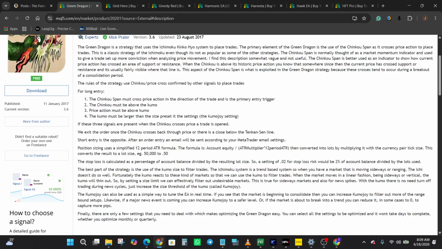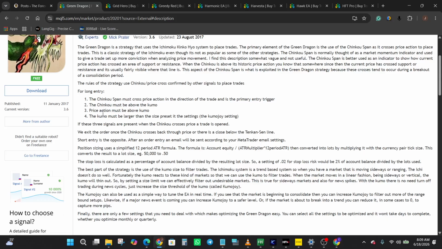The marketplace page provides very clear entry conditions. For long trades, the Chinkou Span must cross price action in the direction of the trade. The Chinkou Span must be above the Kumo.